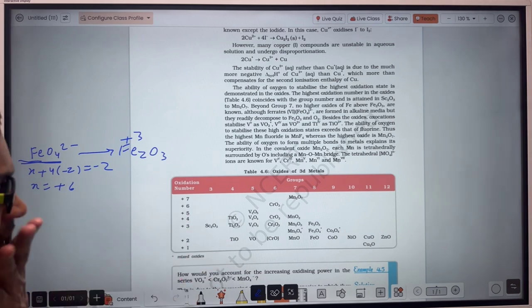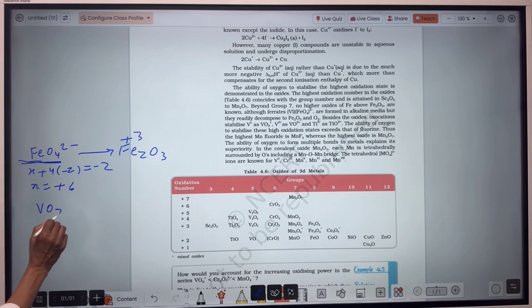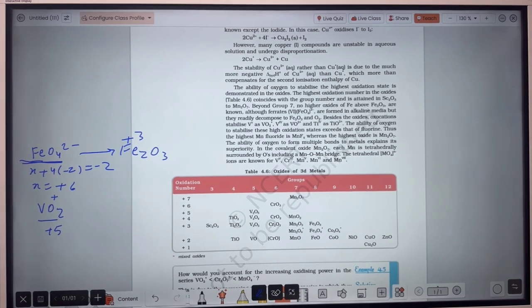Okay, like oxides there are also oxocations, in which the elements stabilize themselves, like vanadium in VO2 plus. Here vanadium shows the oxidation state of +5. So like oxides, some metals also form oxocations.